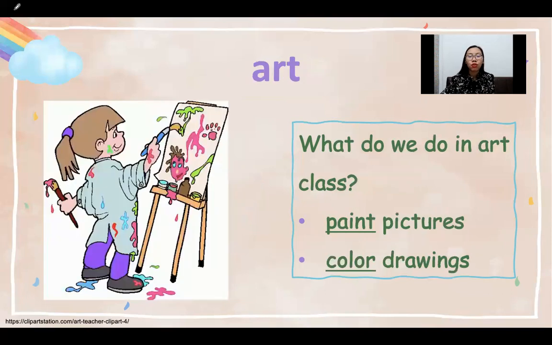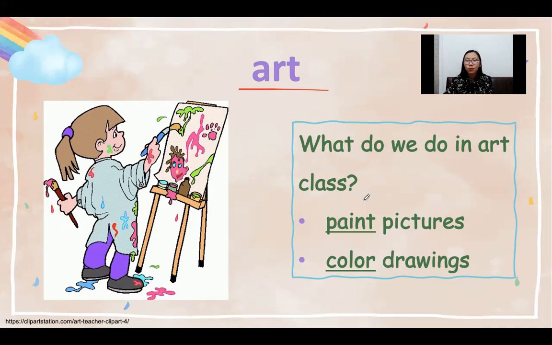Next one. What's this class? It's art. Everybody say art. Okay, art class. Yes. All right. So what do we do in art class? We paint pictures. Okay, we paint pictures and color drawings. Okay, paint.